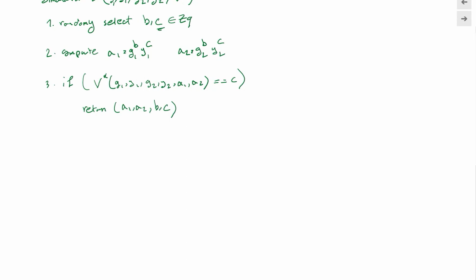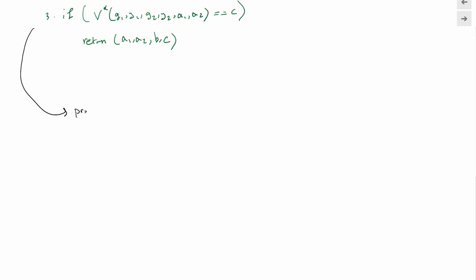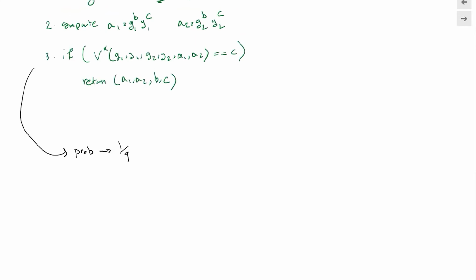But we know that there is a problem here: this simulator is not polynomial time. We know that over here, this probability is only 1 over Q, right? Because there are Q different choices for C, and Q is a quite large prime.